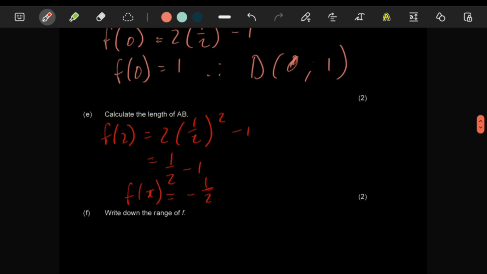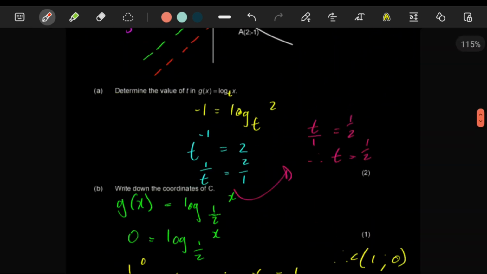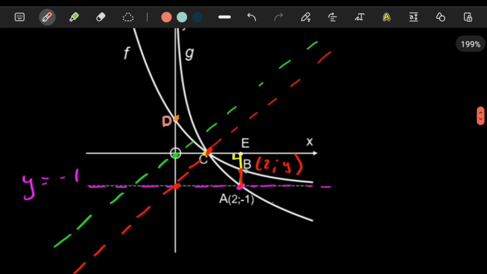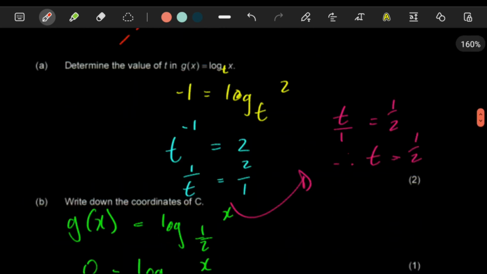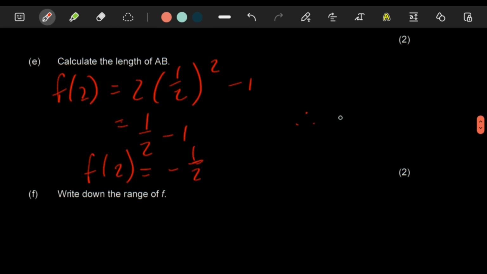So now you know that the y value of B is negative a half. So if this is negative 1 and this is negative a half, the distance here is just half a unit. Therefore, AB is equal to half a unit.